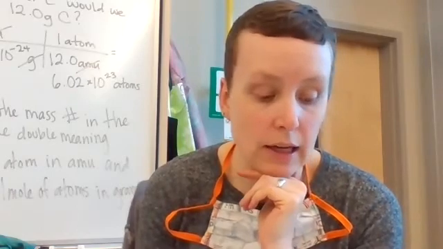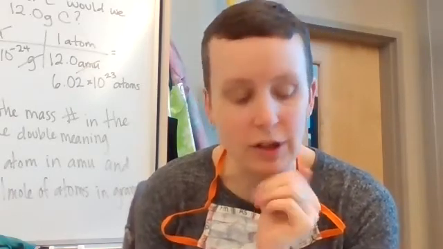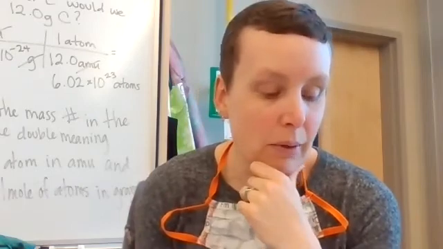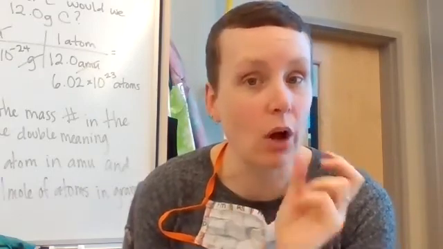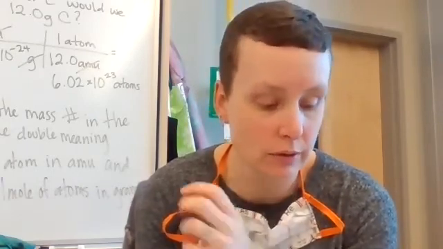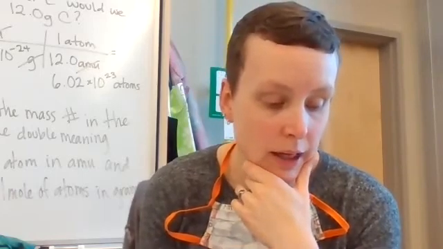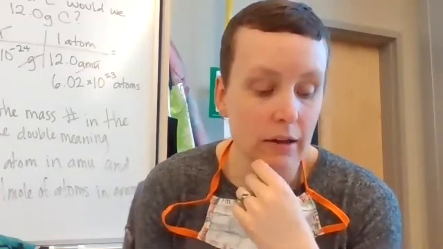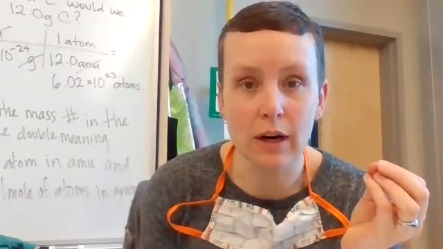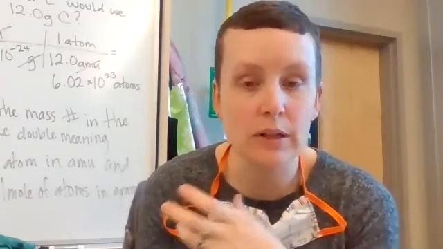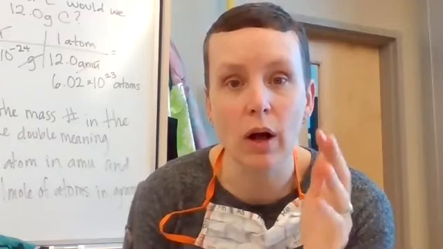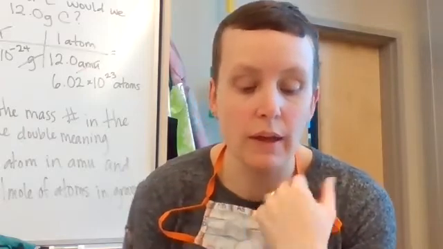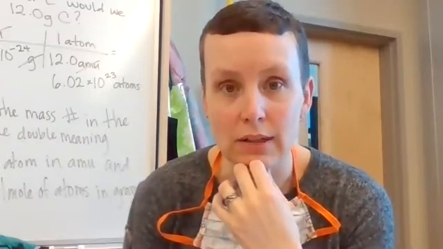Part A is 600 AMUs and 50 AMUs. Part B is 12 to 1 because it will always be a 12 to 1 ratio from carbon to hydrogen. And then part C, when you have 36.0 kilograms of carbon and 3.0 kilograms of hydrogen, that is still a 12 to 1 ratio. So the number of atoms of each is still the same.